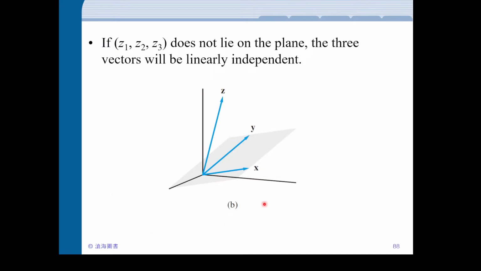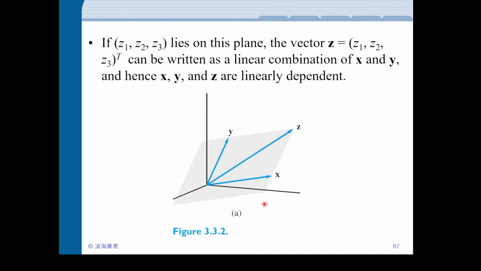And if z is linearly dependent on x and y, then it will be on this plane. This is when x, y are not all 0. Okay, so that's the geometric interpretation.